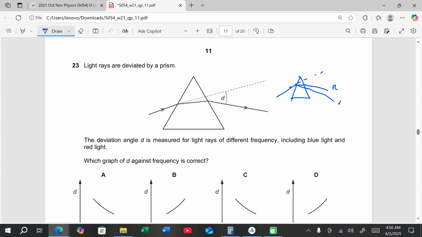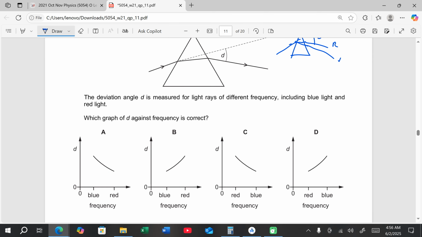The angle of deviation of red is less than that of violet, so violet has a greater angle of deviation. You should also remember that red has the greatest wavelength and the smallest frequency. So red will have the smallest frequency and the smallest angle of deviation. So that is going to be D.